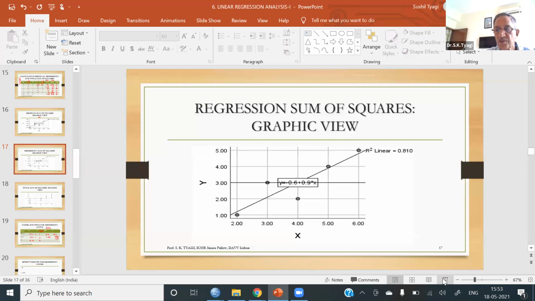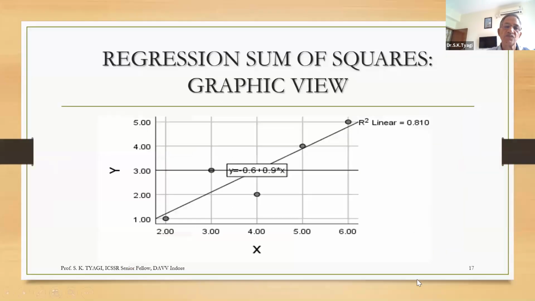Regression sum of squares. Okay. Now let us see what the regression sum of squares is. It is y predicted minus y mean, squared, and the sum of these. This is y, and this is y predicted, and this is the distance between y predicted and the mean. This is regression: y predicted minus y bar.